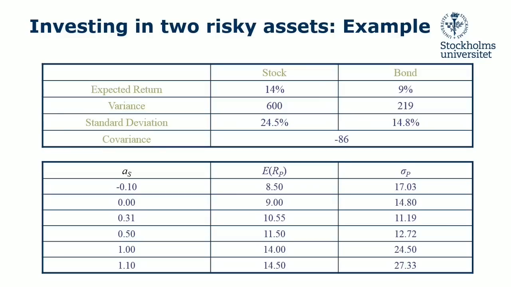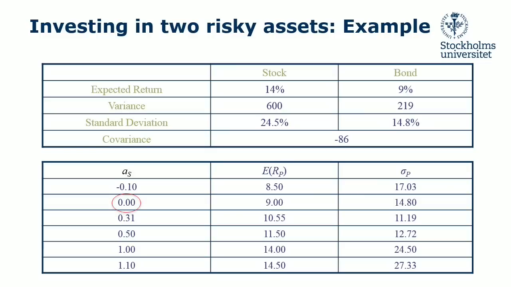And suppose that with these numbers, we go ahead and specify the value of the weight on the stock. So we are considering specific portfolios, something that we can accomplish by just specifying the weight on the stock, because, of course, since the weights need to add up to 1, the weight on the bond will be nothing but 1 minus the weight on the stock.